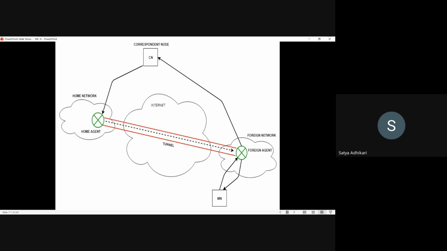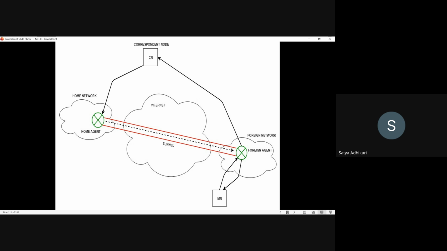You see there is an arrow mark from the foreign agent to the correspondent node. This acknowledgement goes to the correspondent node from the foreign agent, not from the mobile node or home agent. The correspondent node delivers data to the home agent, but gets the acknowledgement from the foreign agent.